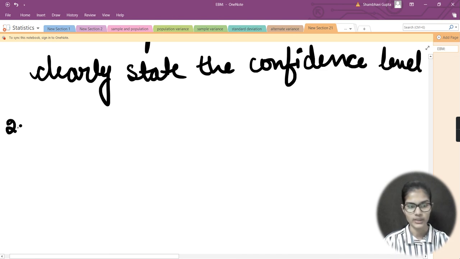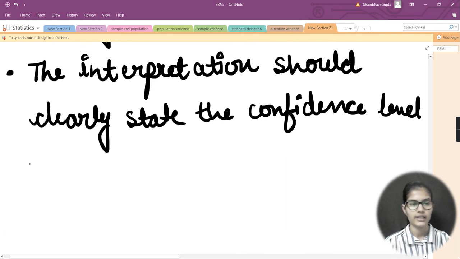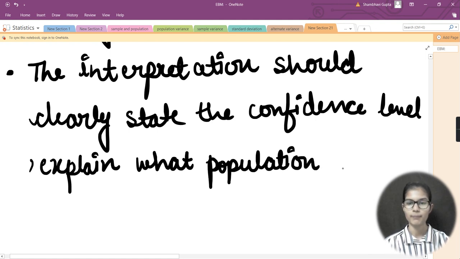I'm not making different points here, I would just put a comma and start writing here. Then after that, you need to explain what population parameter is being estimated.